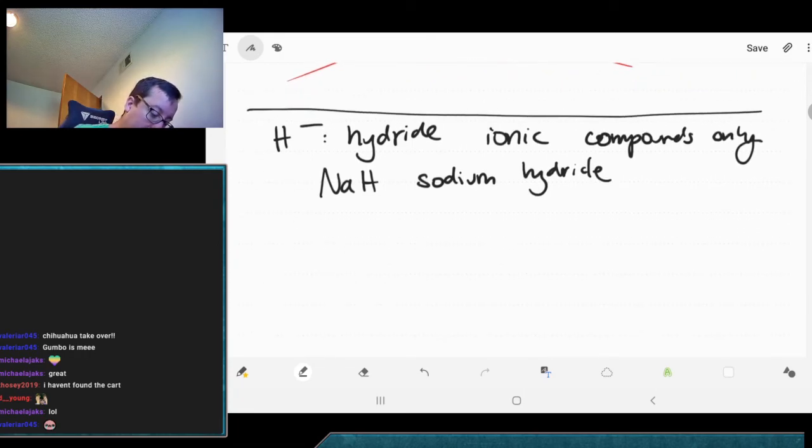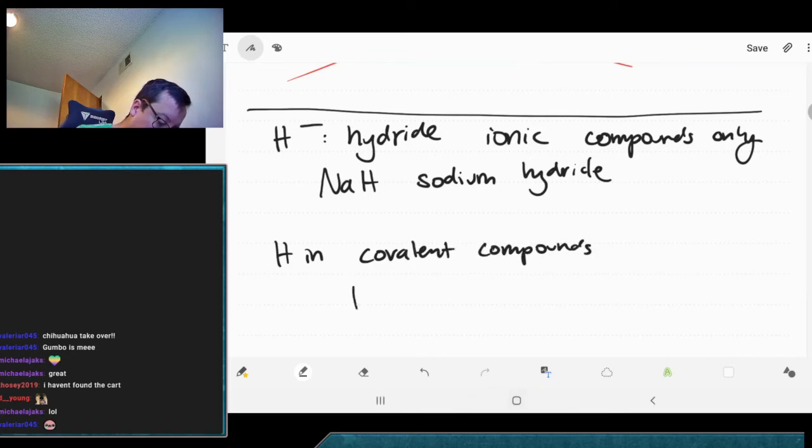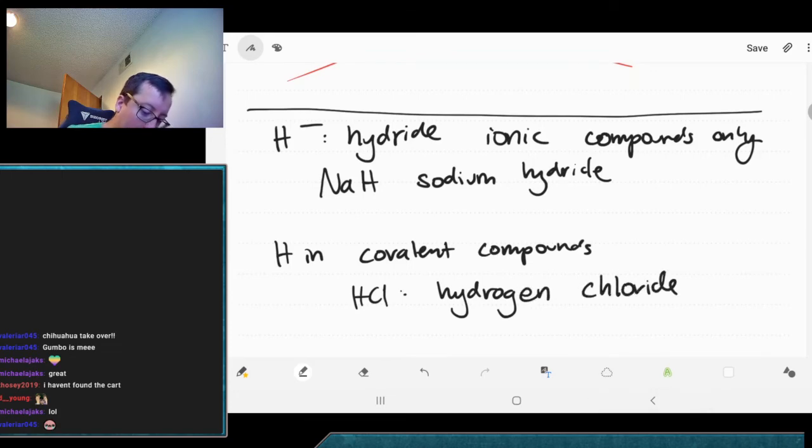We can have hydrogen in covalent compounds too. For example, HCl. I gave you the example without telling you the rule, but in covalent compounds, we actually follow ionic rules for hydrogen.